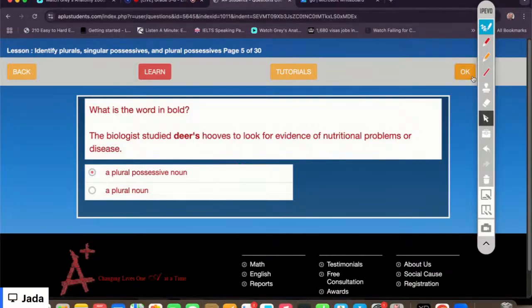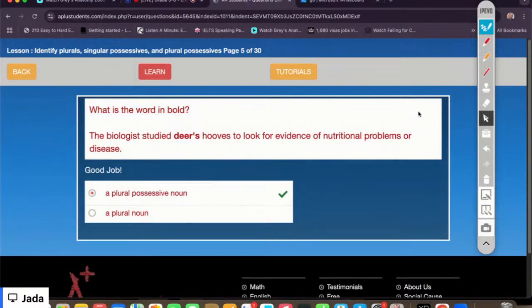Okay, so we have what? Plural possessive now. Deers. Okay.